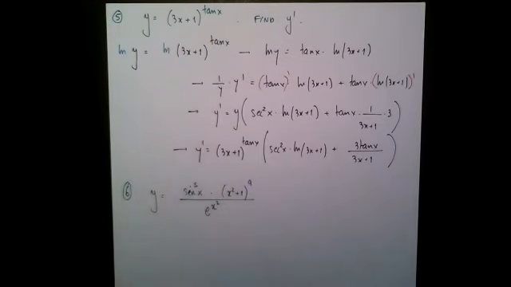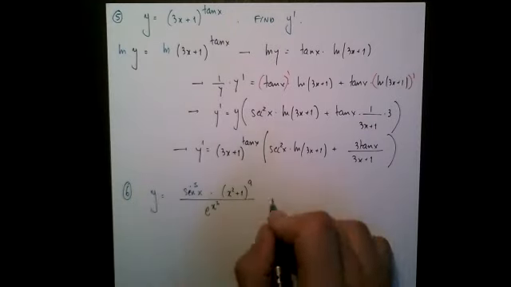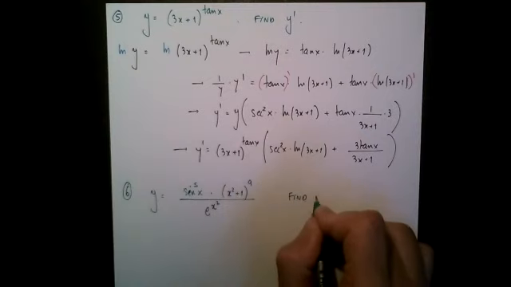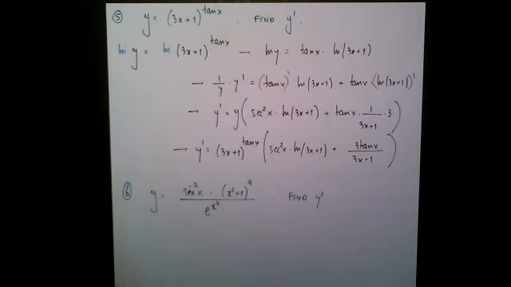You could do the regular derivative using a quotient rule, a product rule and then a chain rule. It's kind of long and messy. Or you could also do ln on each side here. Again, find y prime.